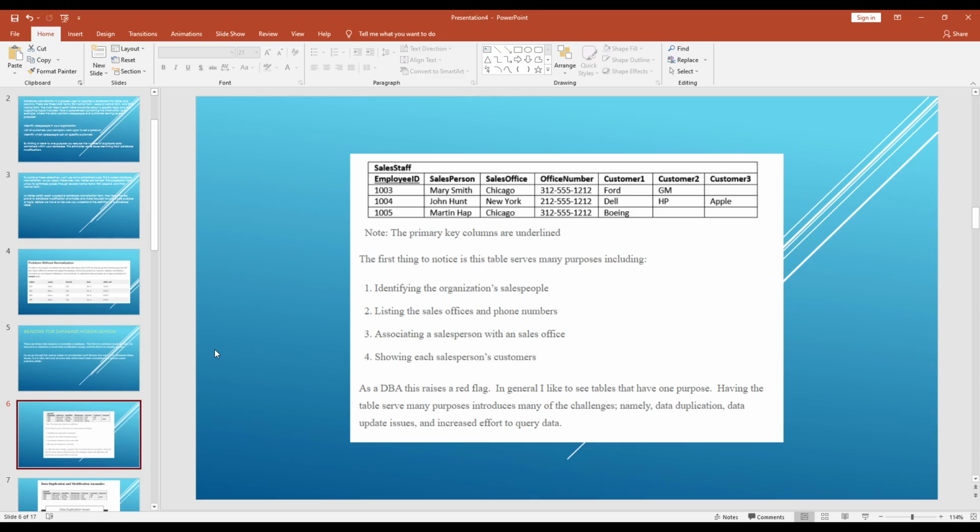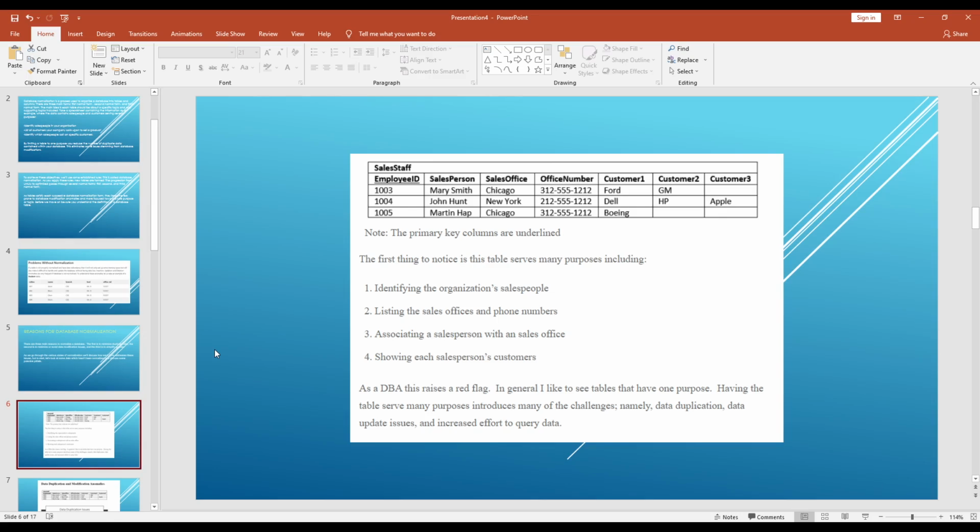And as you can see, we have a first table, sales staff, and the first column is employee ID. Second row is 1003, third row is 1004, and the third row is 1005.